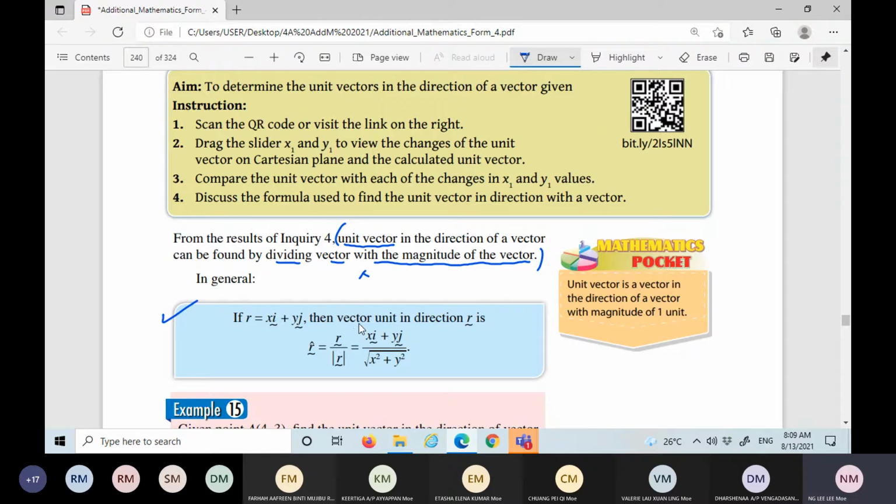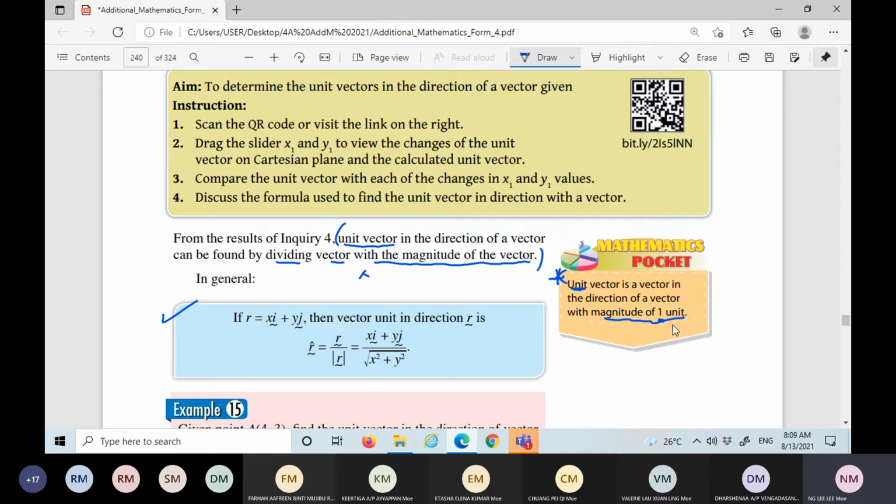To find the unit vector, usually we find the magnitude of the vector first, then divide the vector itself by the magnitude. That's simple. So a unit vector is a vector in the direction of a vector with magnitude of 1 unit.